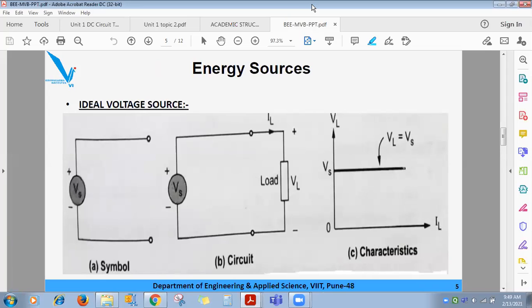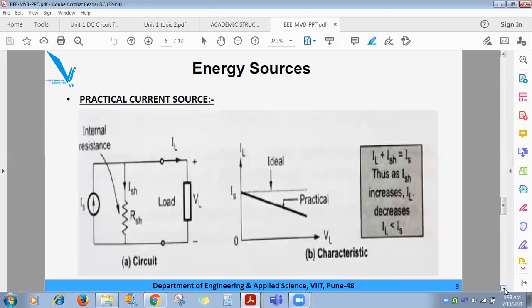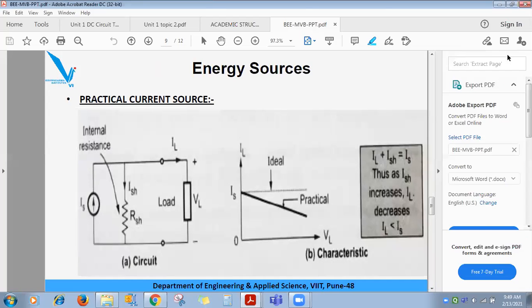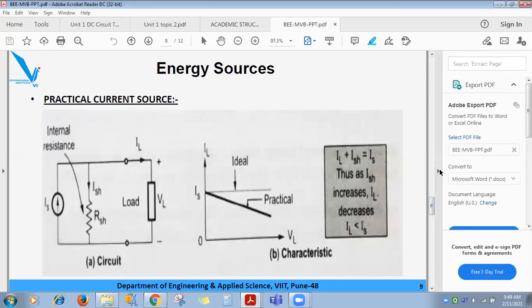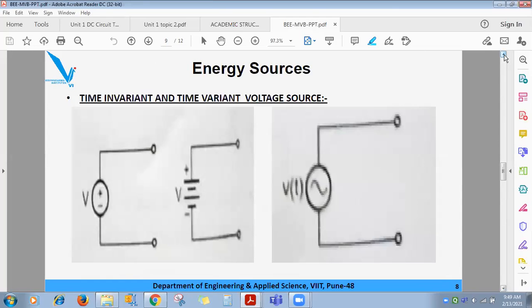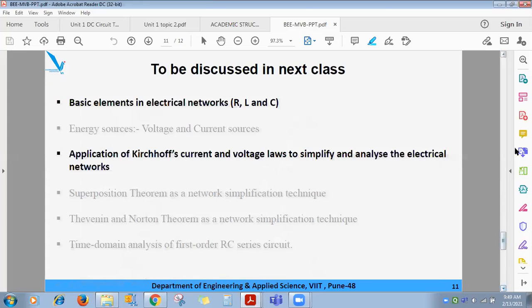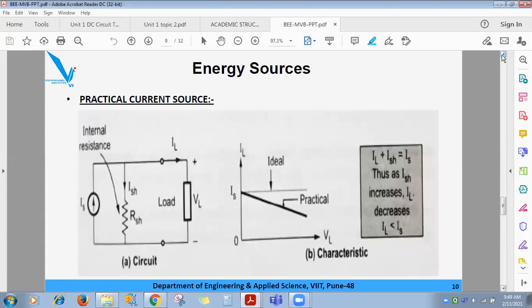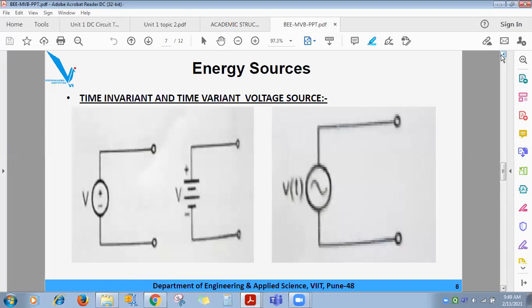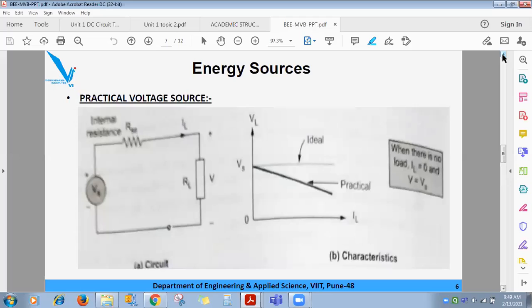See, ideal voltage source means what? Every voltage source has some internal resistance, and that is denoted in series. An ideal voltage source does not exist, because every voltage source you design has some internal resistance. So it's not ideal; that is called practical. See here, practical voltage source.